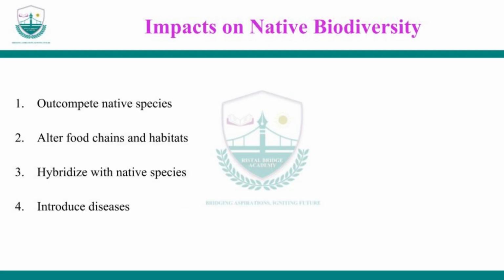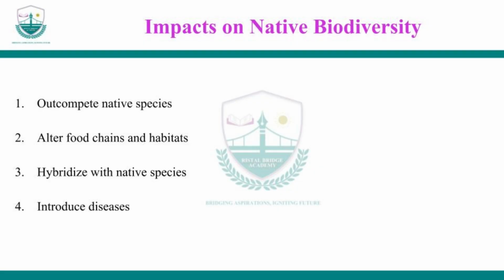When invasive species establish themselves, they often disrupt native biodiversity. They can outcompete native species for light, food, and space, alter food chains and ecosystem structure, introduce diseases to which native species have no resistance, and hybridize with native species, reducing genetic diversity.